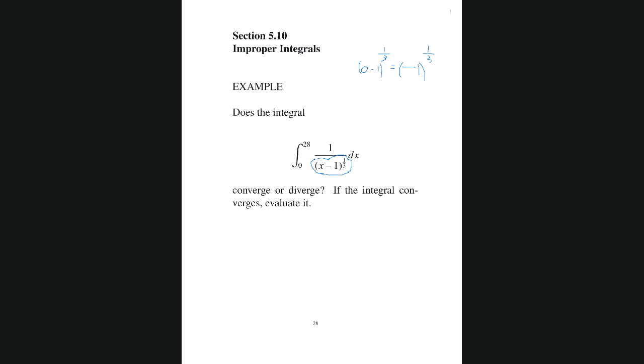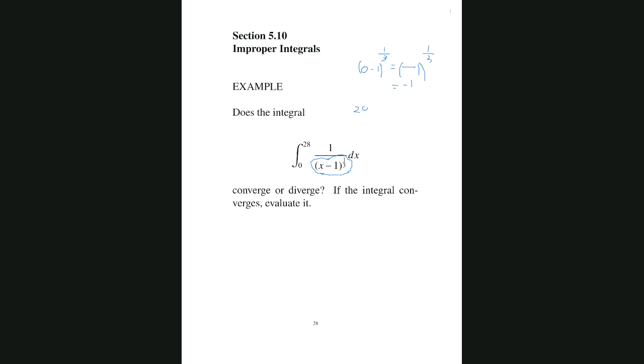Negative 1 to the third power, when you put that on your calculator, what do you get? You get negative 1. Because it's a third power, if you graph y equals x to the third power, you'll see that the domain is from negative infinity to infinity. So 0 is okay. That's not a problem.